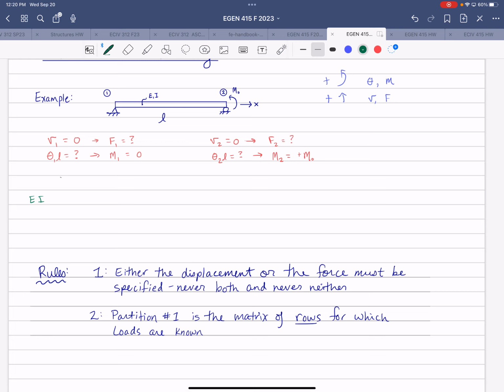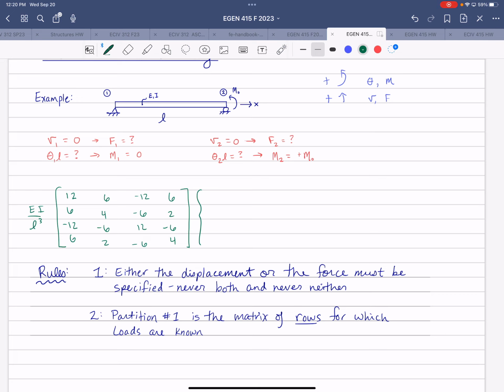I'm going to go ahead and rewrite it. So we have EI over L cubed out front. And then first column is 12, 6, negative 12, 6. Second column is 6, 4, negative 6, 2. Third column, negative 12, negative 6, 12, negative 6. And fourth column is 6, 2, negative 6, and 4.